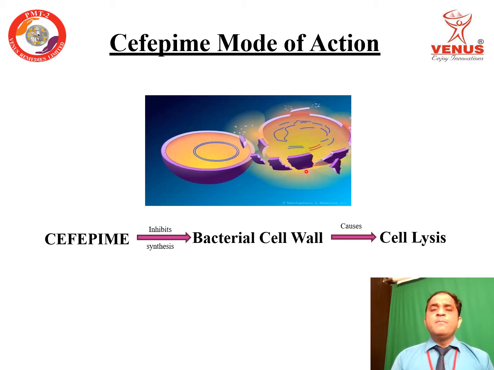And finally, by breaking this cell wall or by inhibiting cell wall synthesis, cell lysis occurs, meaning killing of the bacterial cell. So this is the mode of action of sapipine: it inhibits cell wall synthesis, and by inhibiting cell wall synthesis kills the bacteria.